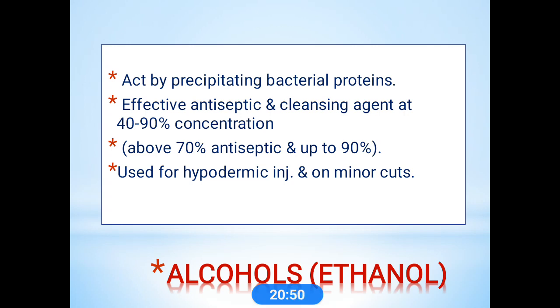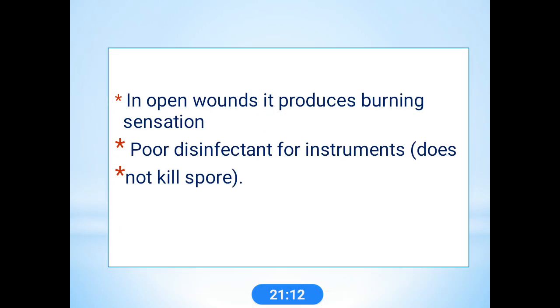They show antiseptic and cleansing action at 40 to 90% concentration, and 70 to 90% is a good antiseptic. Above 90% shows weak antiseptic property. Ethanol is mainly used for hypodermic injections and on minor cuts.